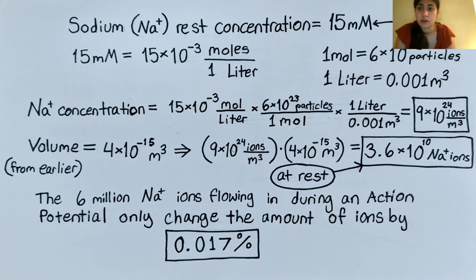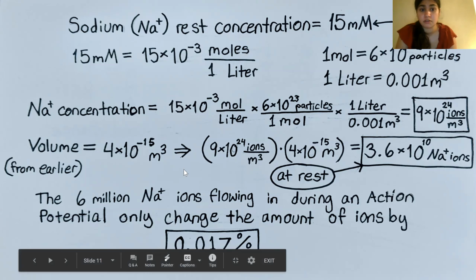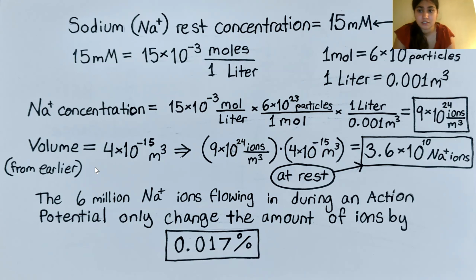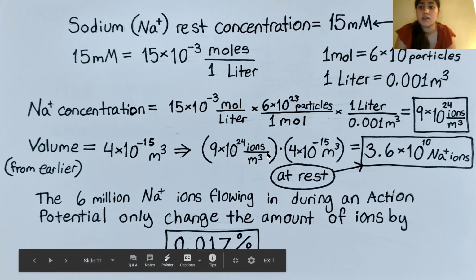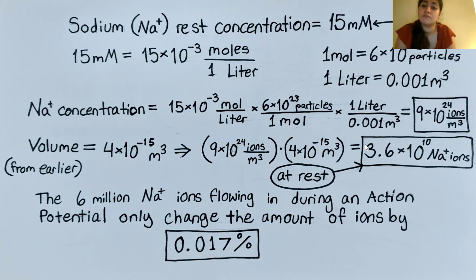Now, from our earlier volume calculation, we found that the volume of our spherical neuron is going to be 4 times 10 to the -15 meters cubed. And so if we multiply that by the sodium concentration that we just found, then we end up getting 3.6 times 10 to the power 10 sodium ions.